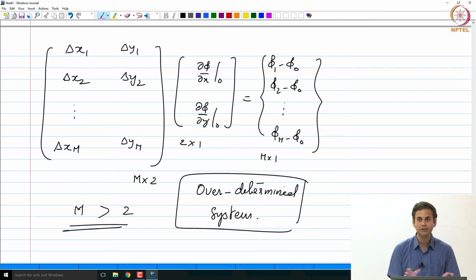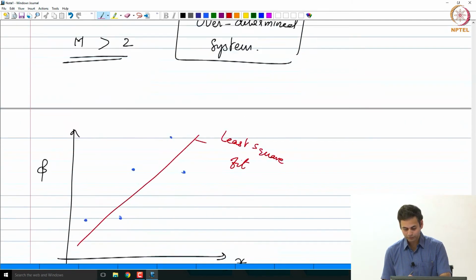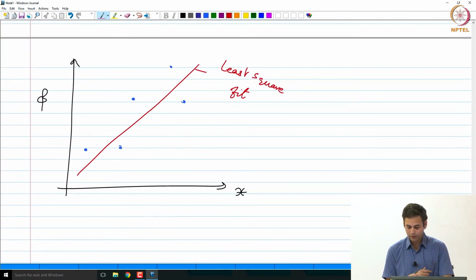Is the method clear, what it is trying to do? We will do the remaining part of it, the minimization of the error and so on. Questions on this part till now?